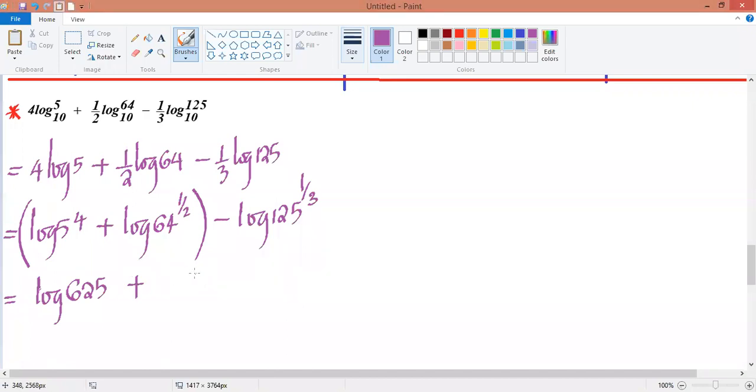Then we get log 64 to power half, which is log 8.